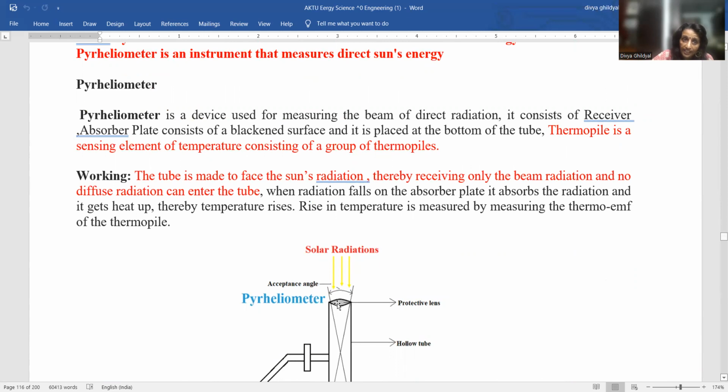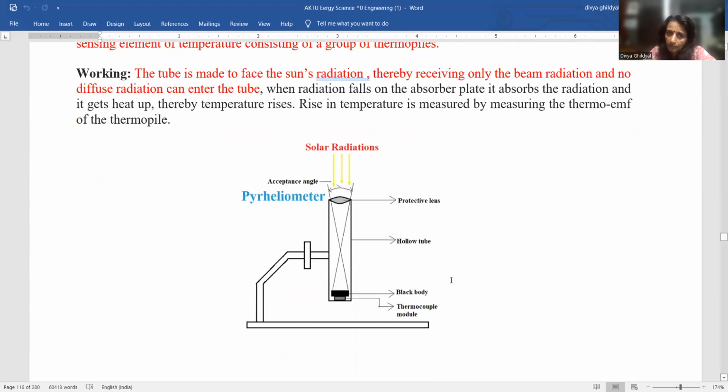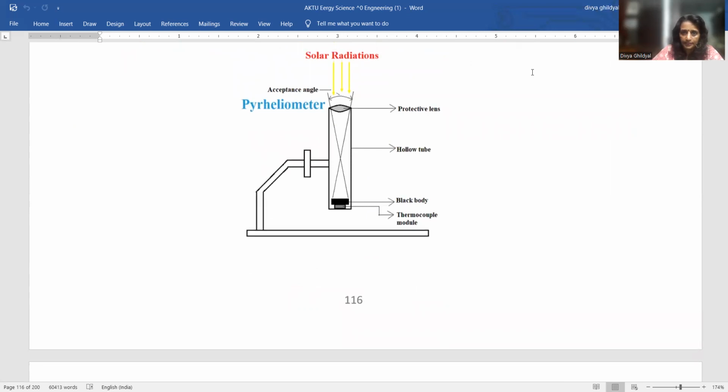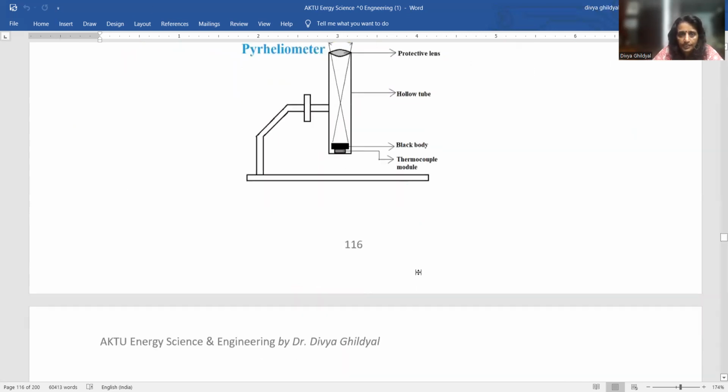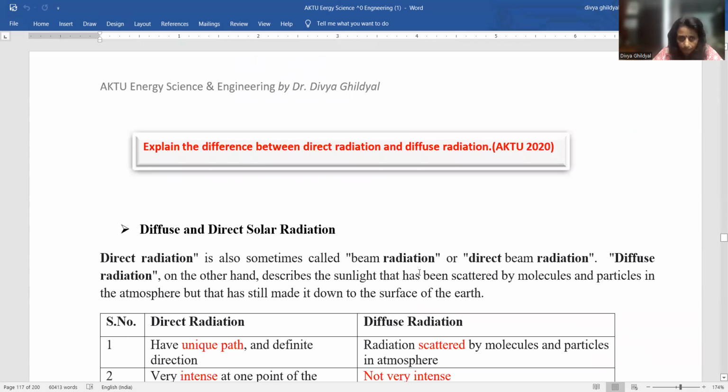Diffused ones have less heat because they have not come from a direct source. And then when these radiations fall on the absorber plate, it absorbs the radiation and gets heated up, thereby the temperature rises. This rise in temperature is measured by the thermo EMF of the thermopile here. And you measure this rise in temperature.